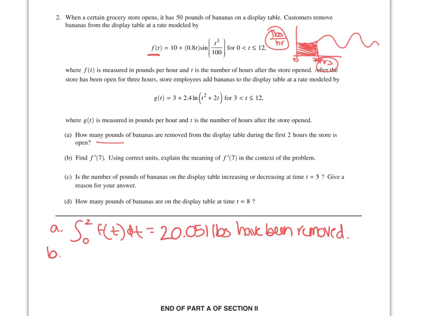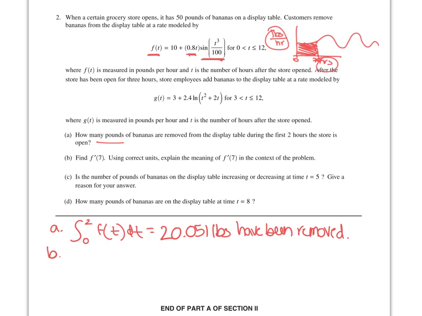Part B, find F prime of 7. Using correct units, explain the meaning of F prime of 7 in the context of the problem. So F of T is given by that. For F prime of T, we could go through and find our derivative. We would have to use product rule here, and within both of those use the chain rule, but this is a calculator question.